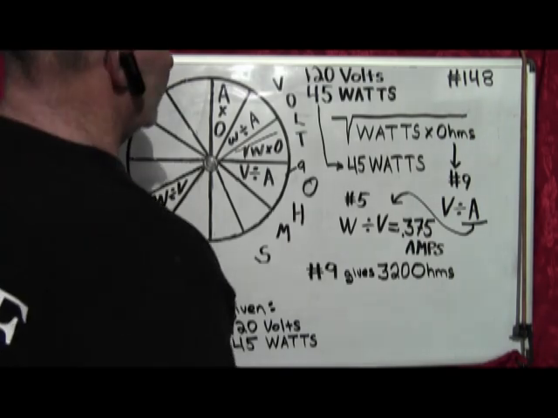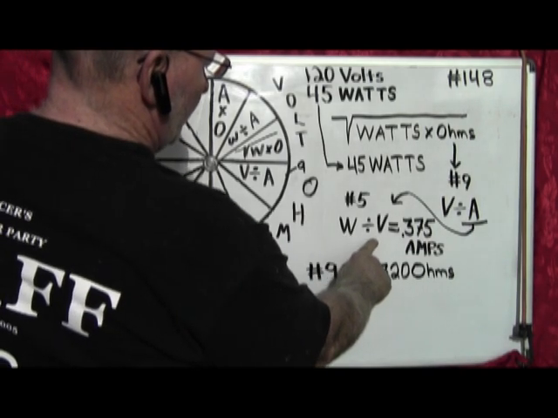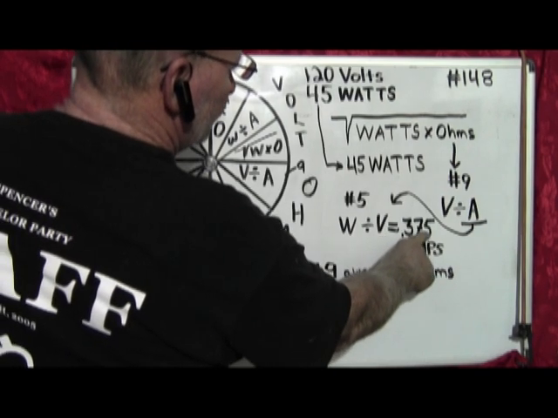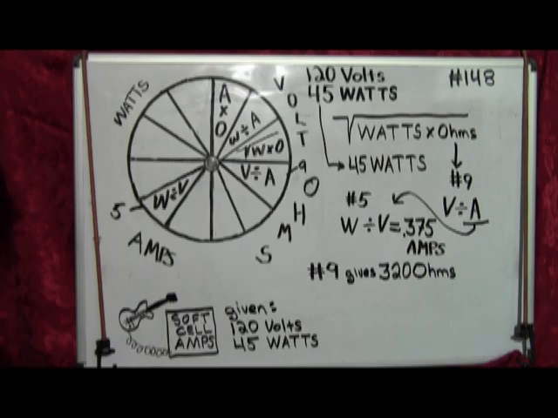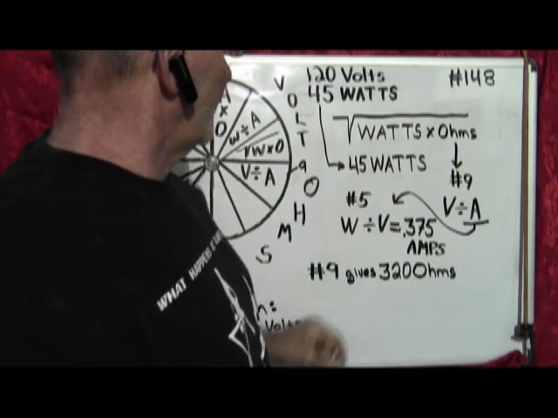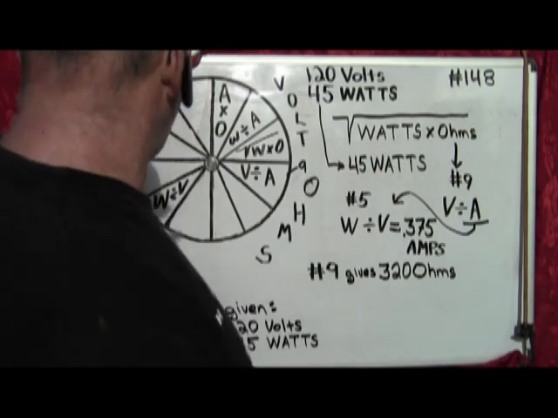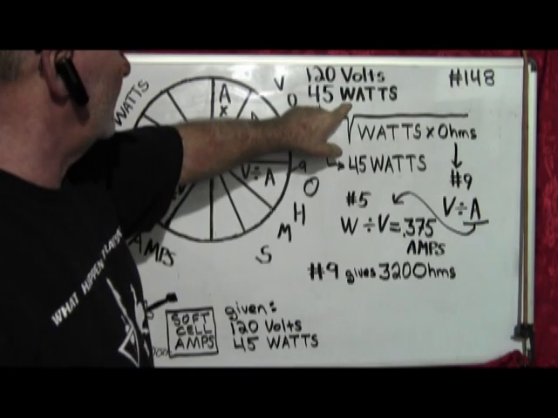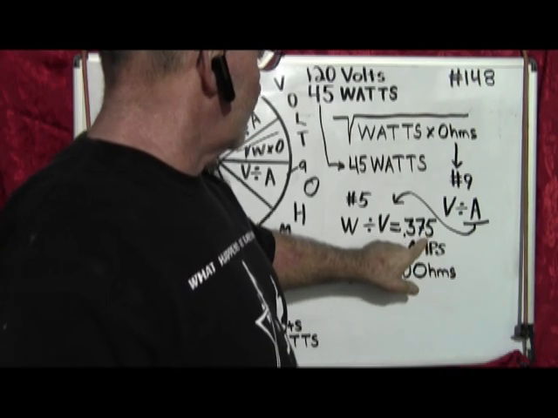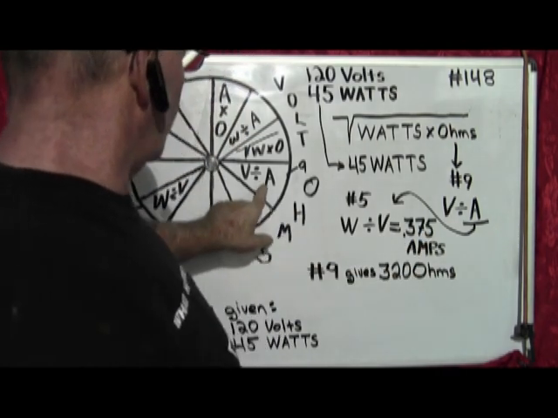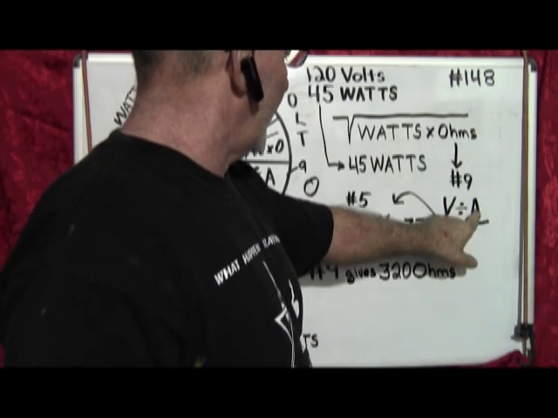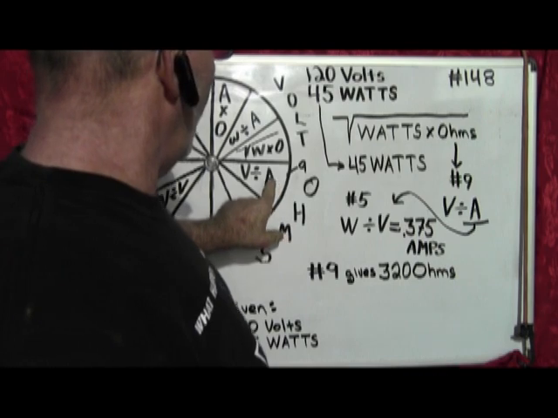So what we end up getting is watts divided by volts is equal to 0.375 amps. Now that we have all the information, we have our watts, and because we solved for our amps using the volts and watts, we have 0.375 amps, and we go back to number 9 for our ohms, which is volts divided by amps, gives you ohms.